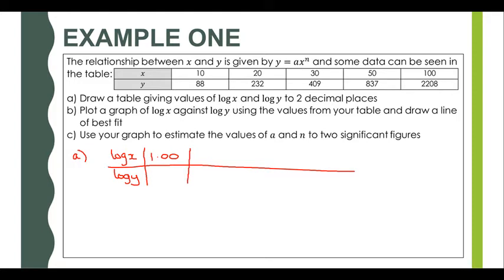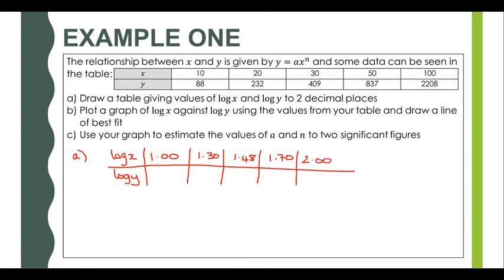Log of 20 is 1.30 to 2 decimal places. Log of 30 is 1.48. Log of 50 is 1.70. And log of 100 is 2.00.